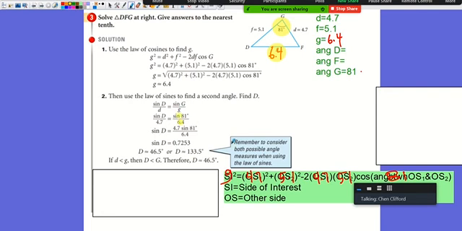Yellow over yellow, and let's find angle D over orange and orange. And then you cross multiply, and we get, remember, please look at these two right here.